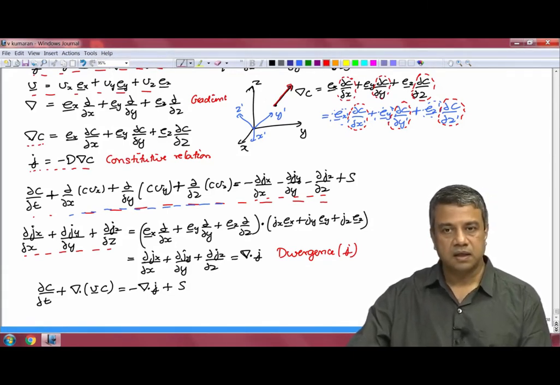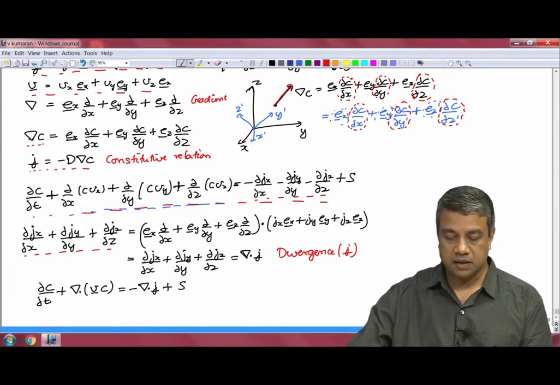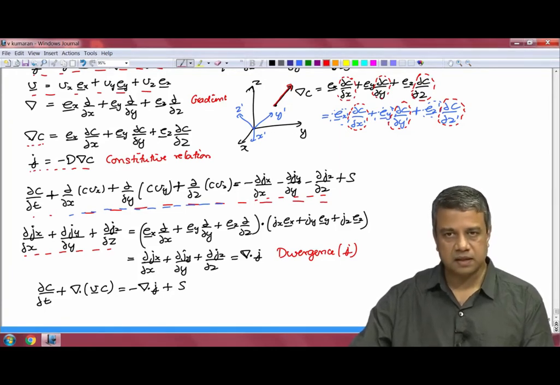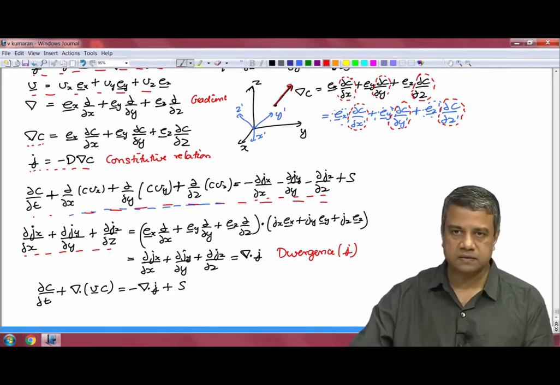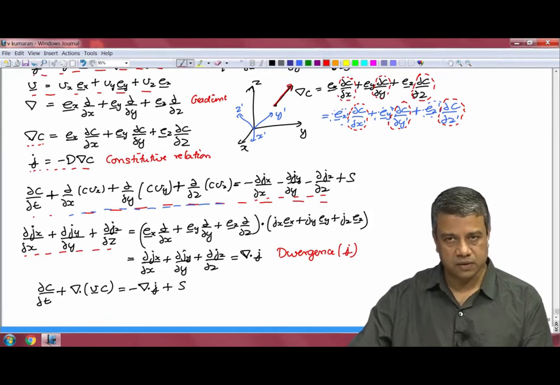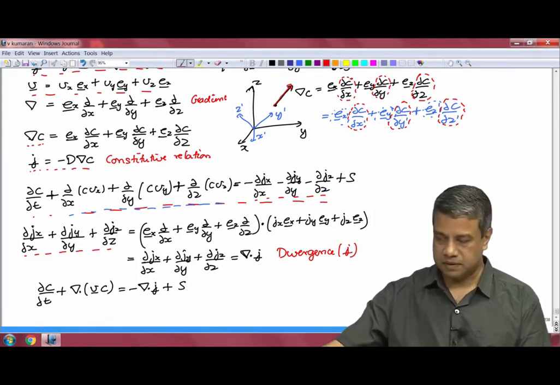As I said, the individual components of the gradient do depend upon the coordinate system. Individual components of the velocity and the flux do depend on the coordinate system. However, the gradient of the concentration, the divergence of the velocity and the flux, they do not depend upon the coordinate system.